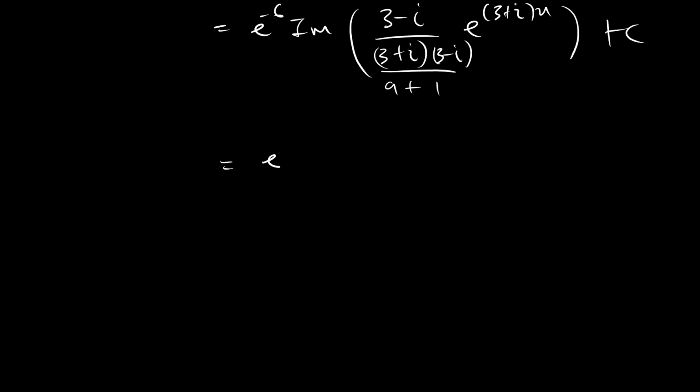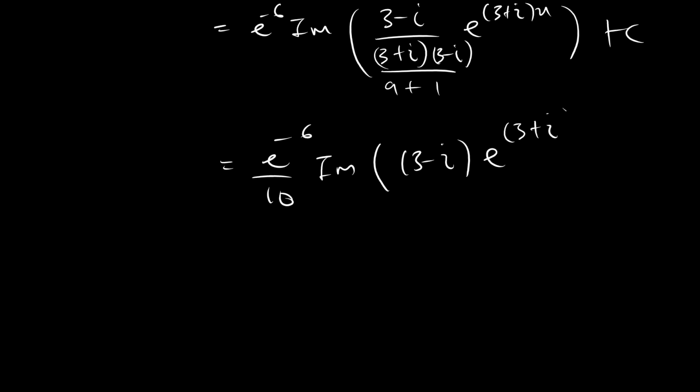So we have e to the negative 6 over 10 times the imaginary part of (3 minus i) e to the (3 plus i)u plus c.